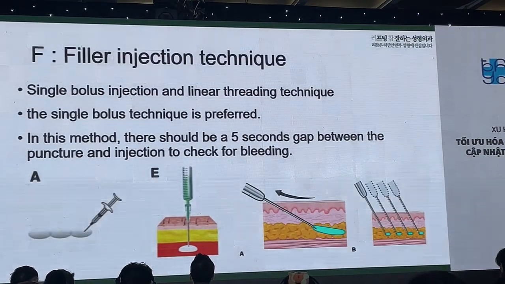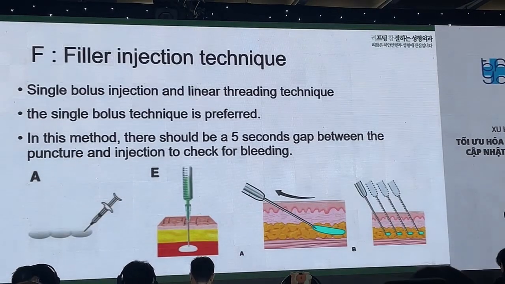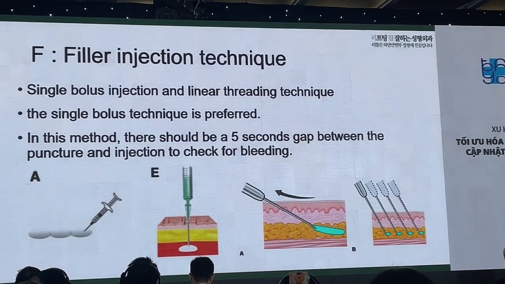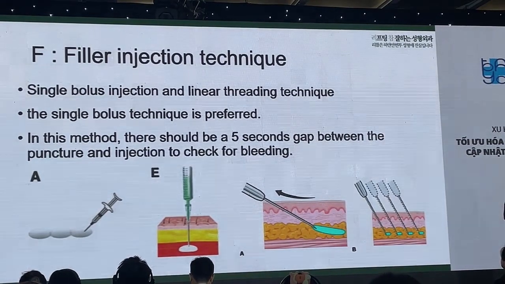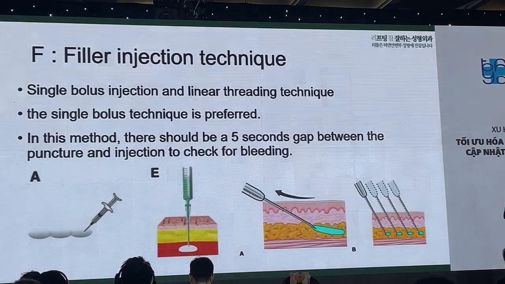F, filler injection technique. There are two main techniques: single bolus injection and linear threading. Among these, the single bolus injection technique is generally performed after puncturing and waiting approximately 5 seconds before injecting to check for any bleeding, which helps identify intravascular placement.